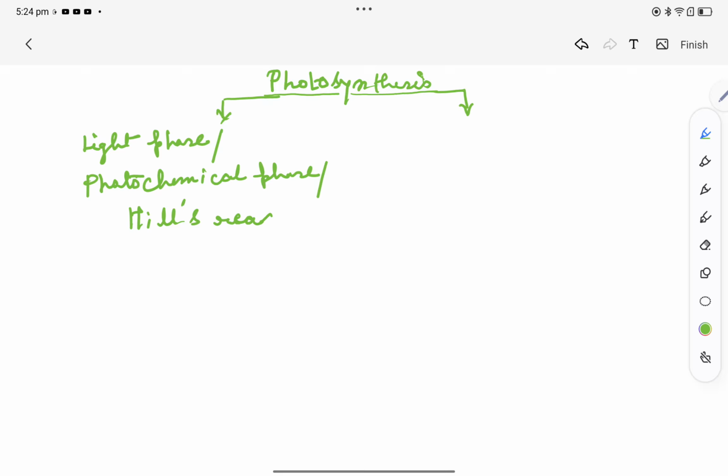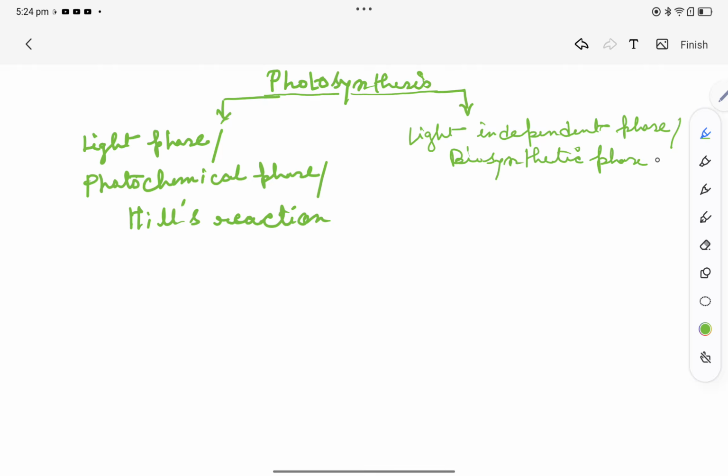And the other phase is the light independent phase, also called the biosynthetic phase, also known as the Calvin-Benson cycle.